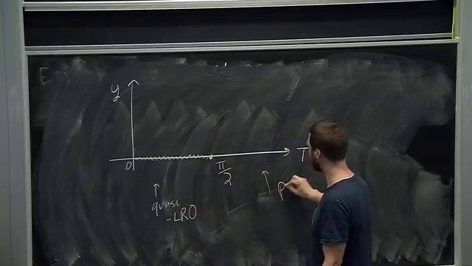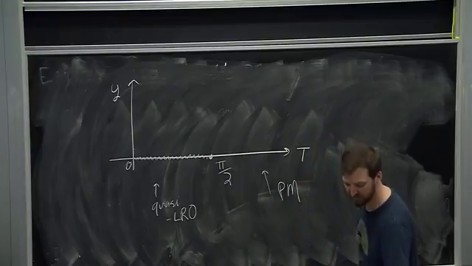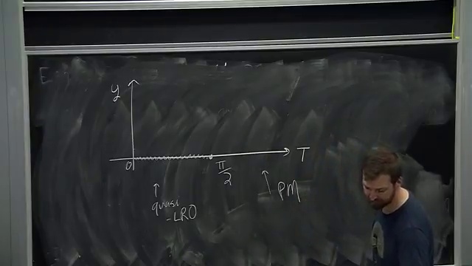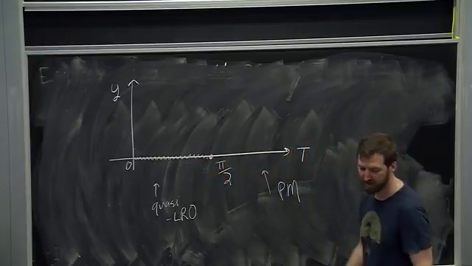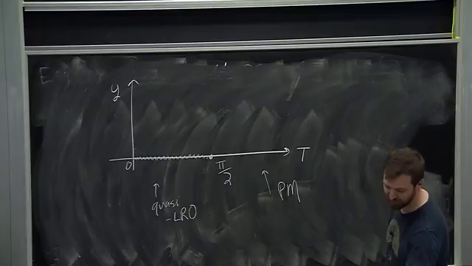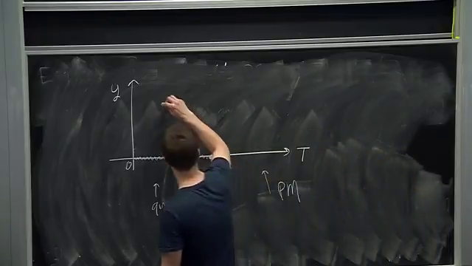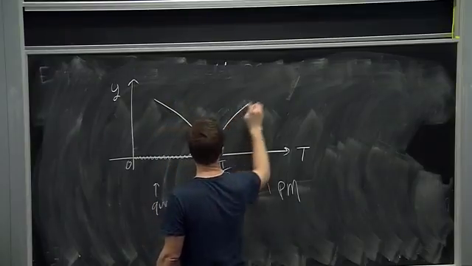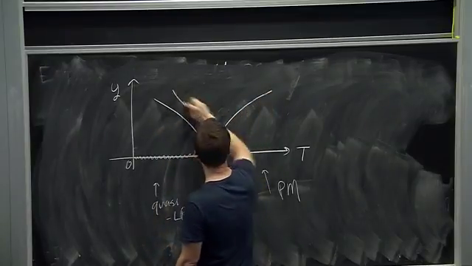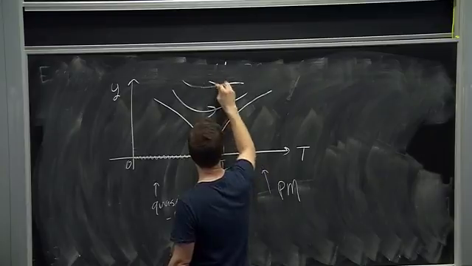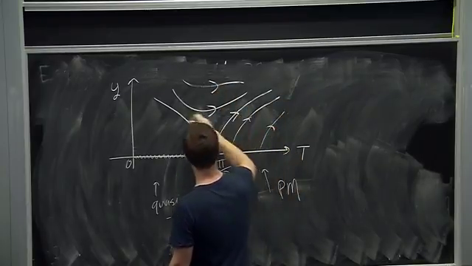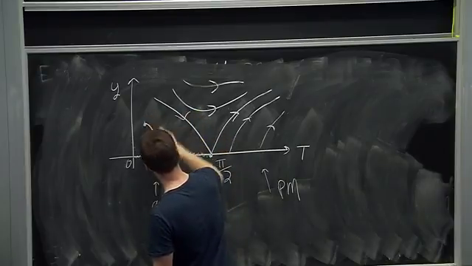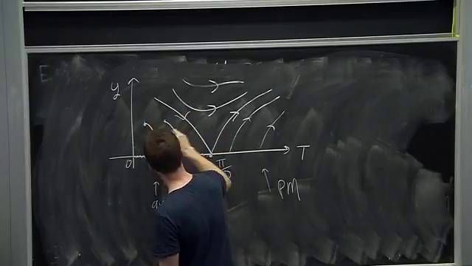And here's my paramagnetic phase. So I have vortices up here, no vortices down here. And if you solve for all the flows, you'll see a flow diagram that looks like this, and anywhere here flows into here.